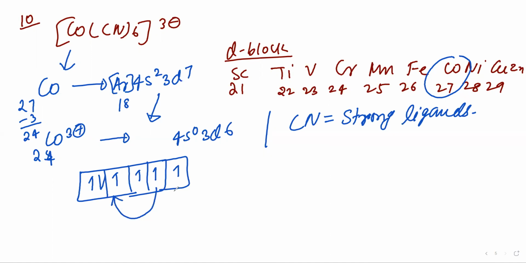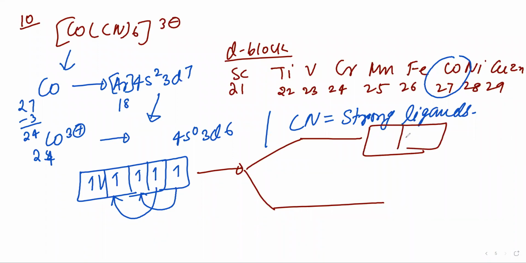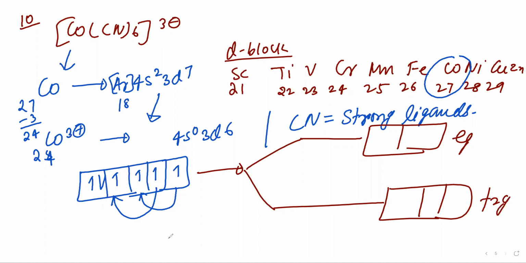Due to strong field ligands, it is split into two parts, eg and t2g. The upper part is called eg and the lower part is called t2g. So total 6 electrons are there, all paired.